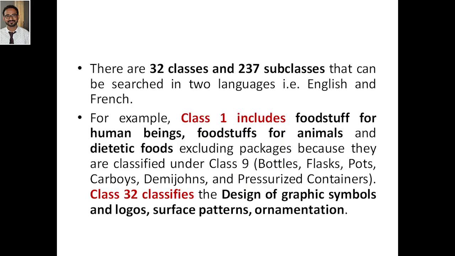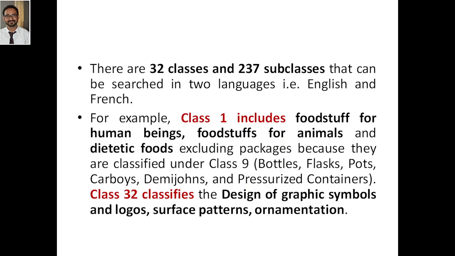Classes will have the major classification. Under the subclassification, there are little differences within the same product regime, or you can say a product class, and they can have subclasses.